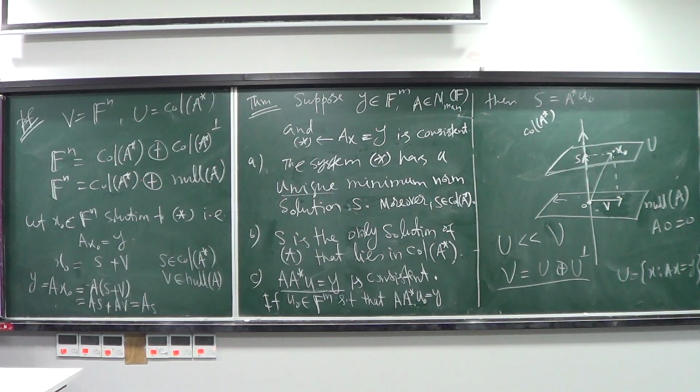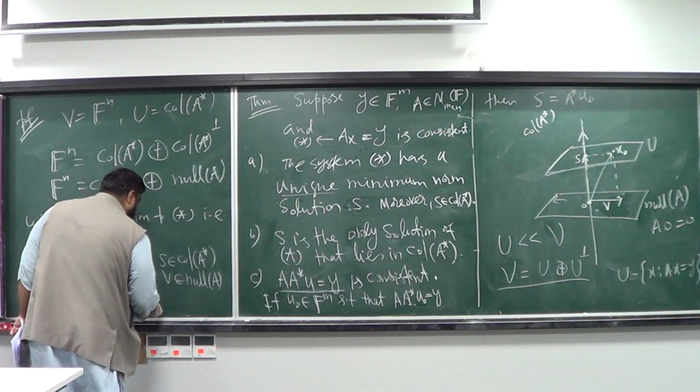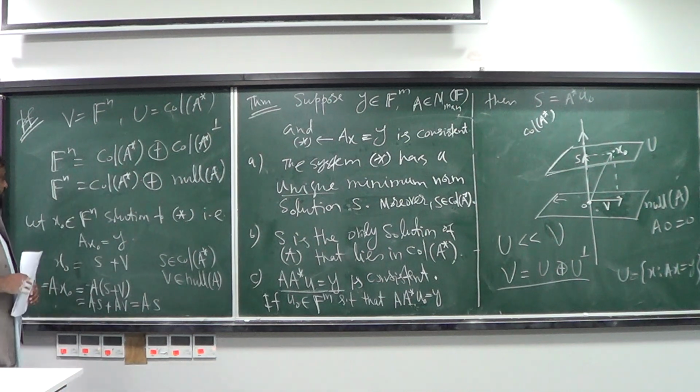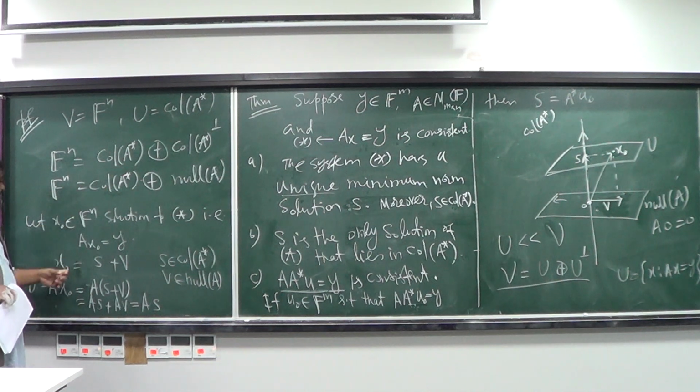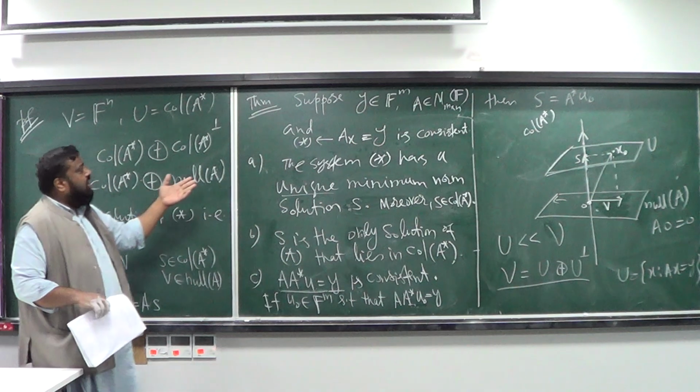What does this show? That if you have any solution x naught of the system star, this solution can be written as an element from the column space and an element from the null space, and that element S from the column space is also a solution of the star.